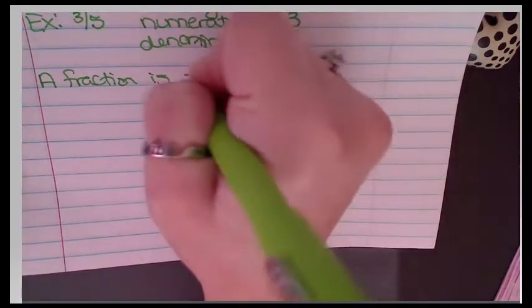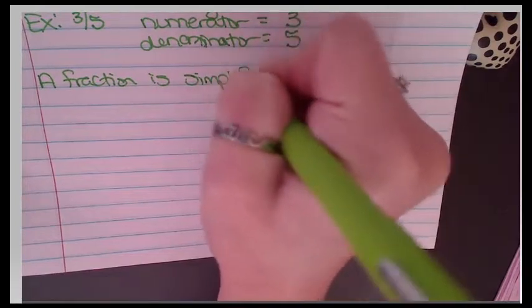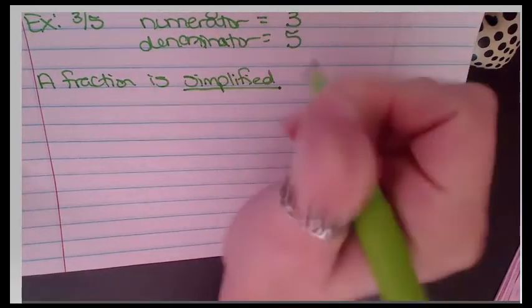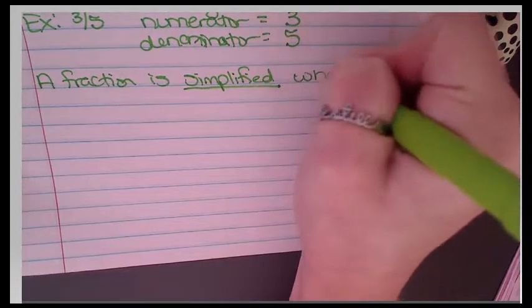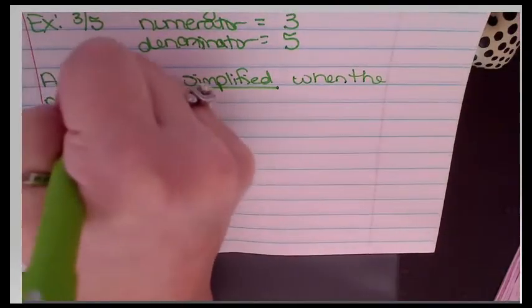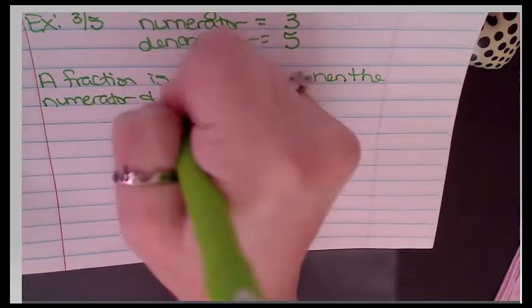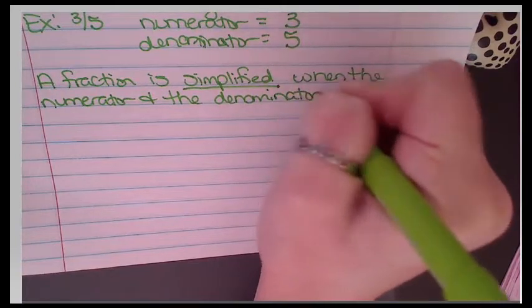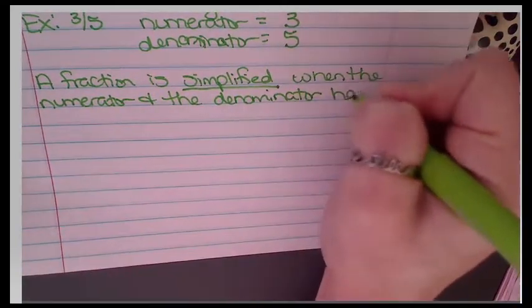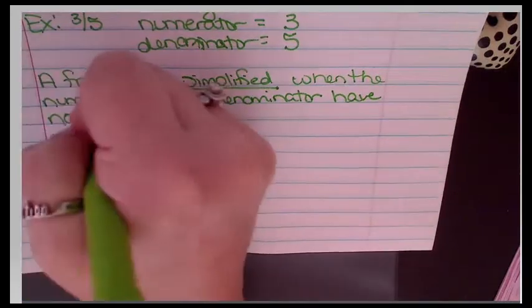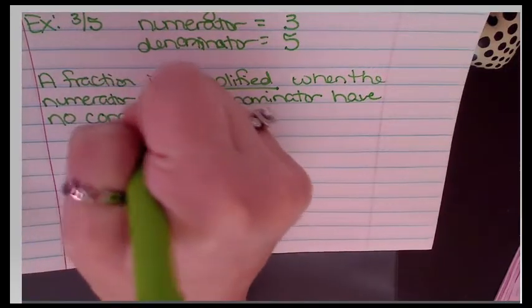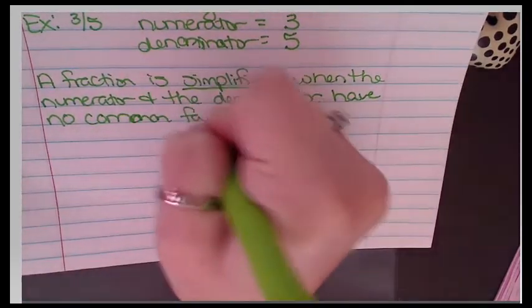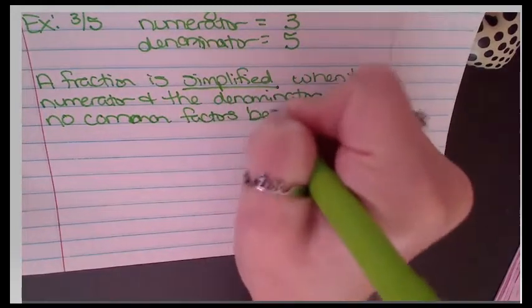A fraction is simplified when the numerator and the denominator, so the top and the bottom, have no common factors besides 1.